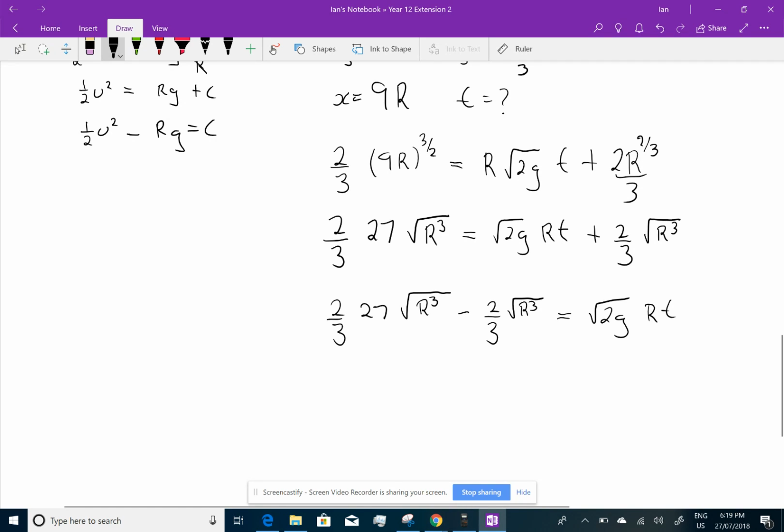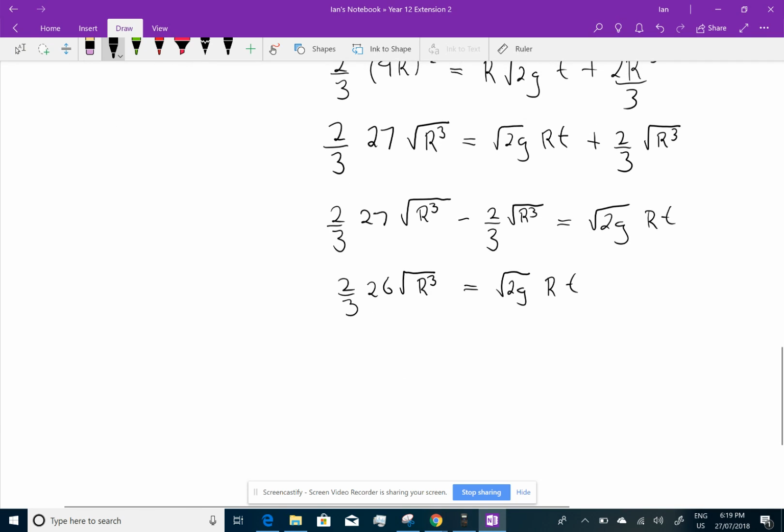Well, that's okay. That just gives me 26. I've got 2/3 27 and 2/3 1. So I'm going to get 2/3 26 root r cubed equals root 2g rt.